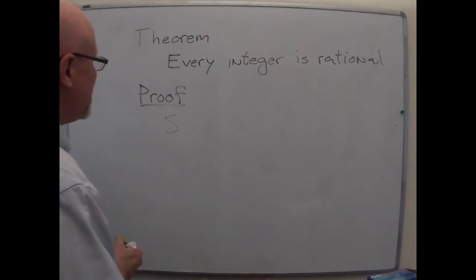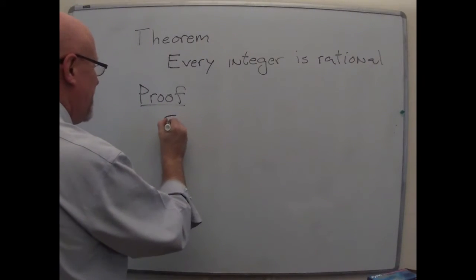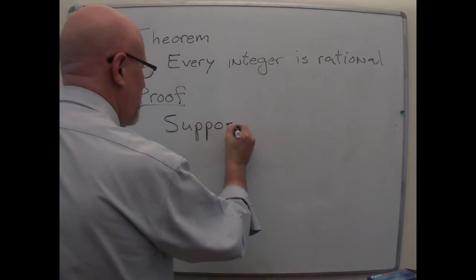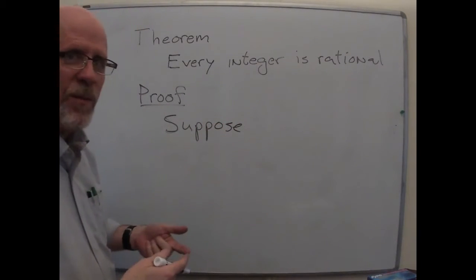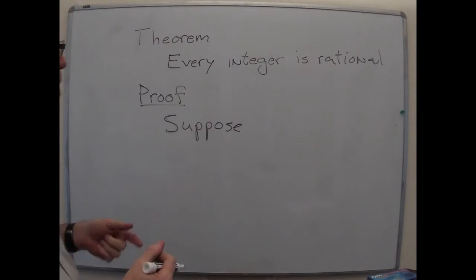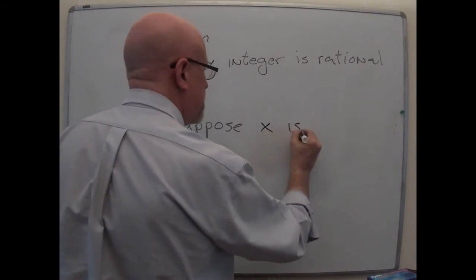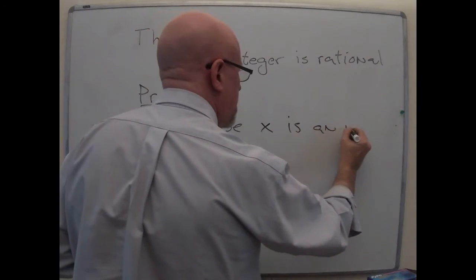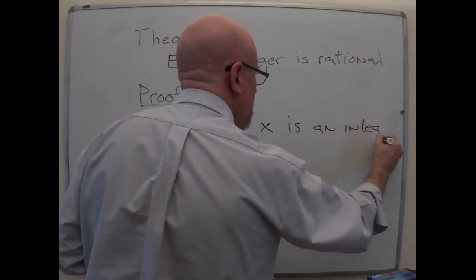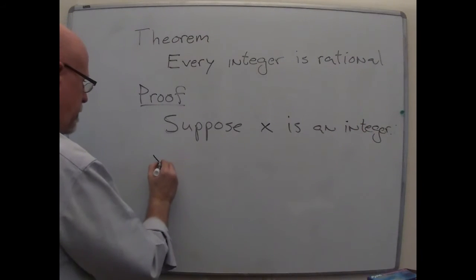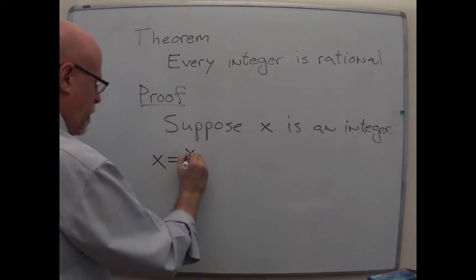Here we go. Suppose x is a particular but arbitrary integer. I'm gonna start dropping all that particular but arbitrary stuff and just say, suppose x is an integer. Well, x is the same thing as x over 1, isn't it?